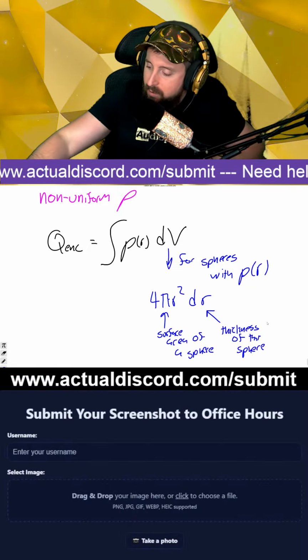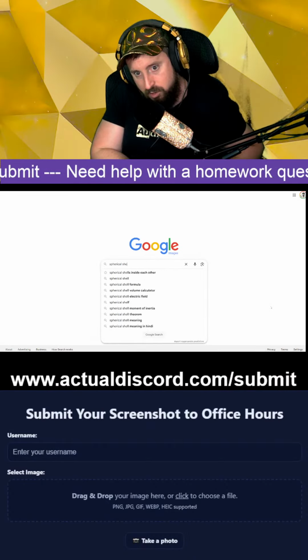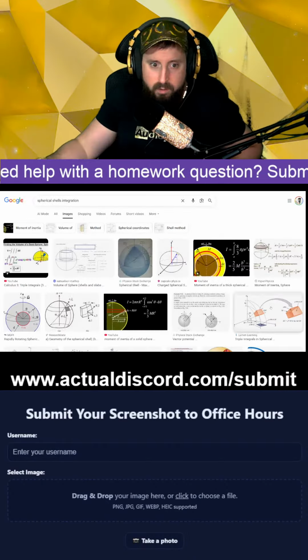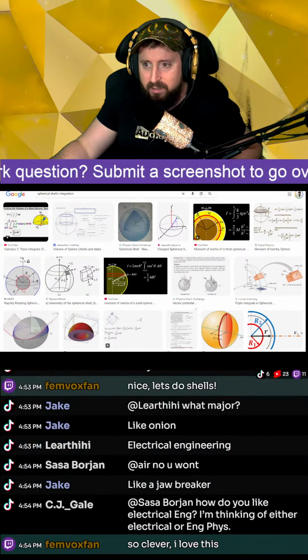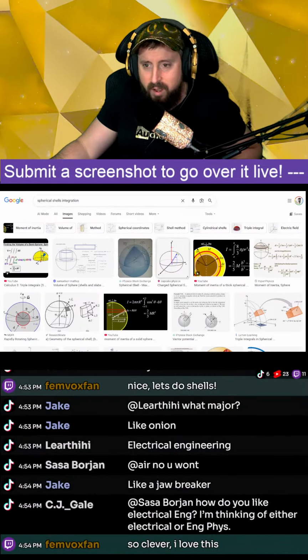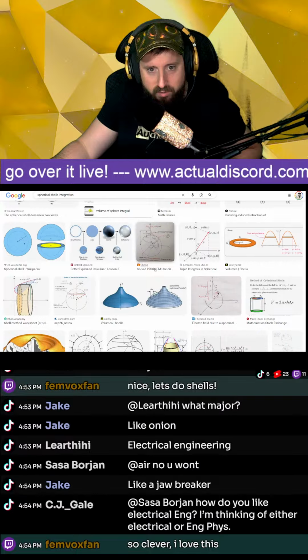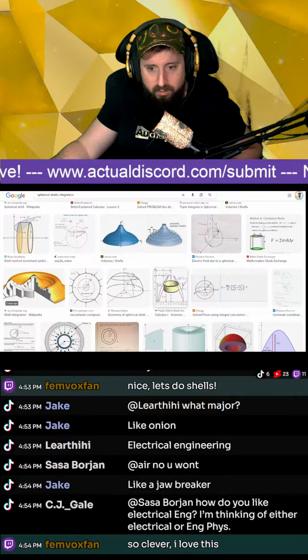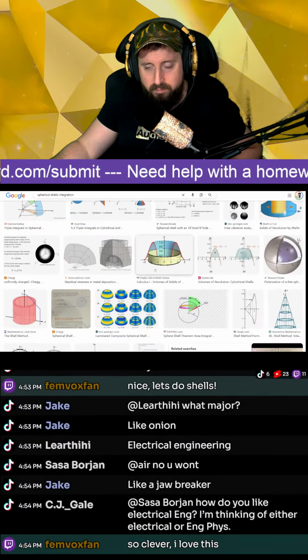Okay, let me see if I can get an image for this. Spherical shells integration. I want something that looks nice. Does no one do a nice little picture of this? Someone really should.